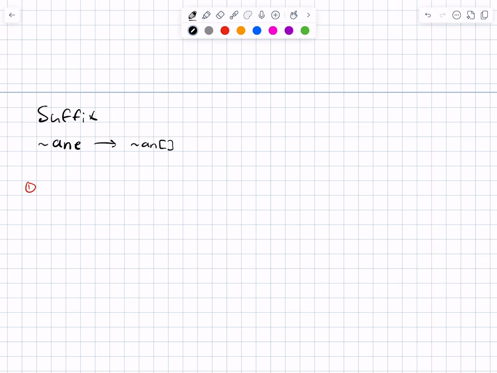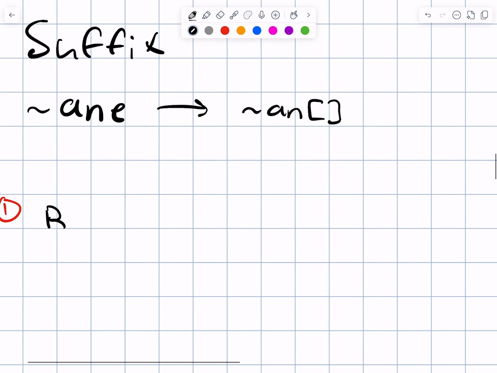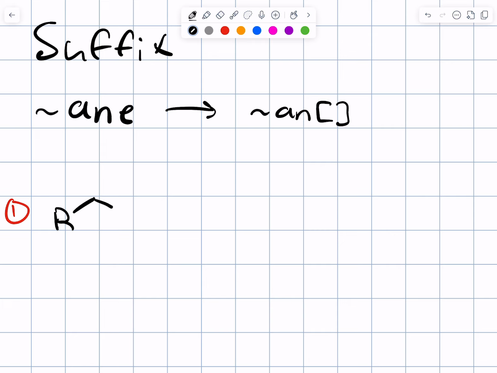That'll mean more once we talk about the prefix. But our highest priority functional group, I'll zoom in for you guys, is this, a carboxylic acid. And the suffix that this gets is oic acid.